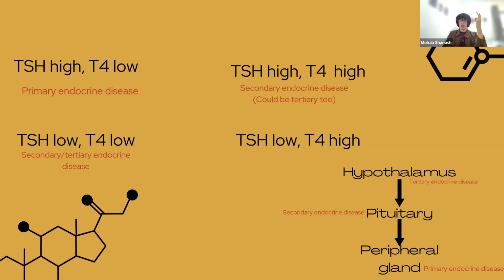Okay, TSH is low and T4 is high. In that case, the pituitary realizes that we don't need more. What doesn't realize it is the periphery. So it autonomously secretes the hormones it needs. Now, this could either be just because it's autonomously secreting it, or we could have a tumor that's secreting that hormone.